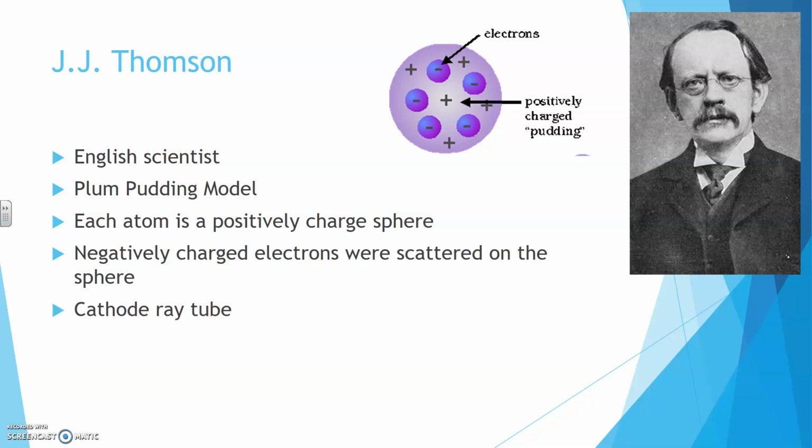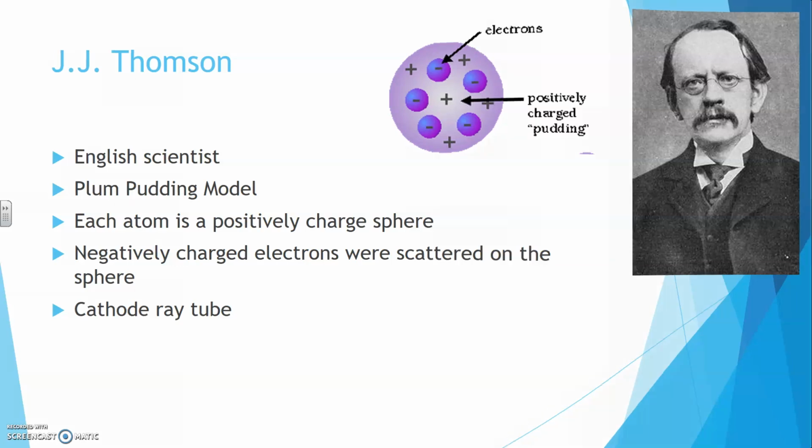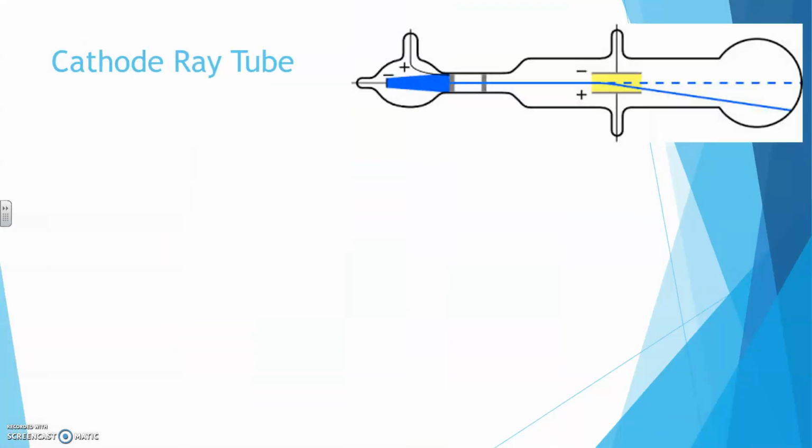Okay, he did his experiments with what's known as a cathode ray tube. I'm going to try to find a video for you about what this looks like. Okay, well, maybe I actually have one. So, a cathode ray tube is basically just a glass tube, and it's filled with gas, I believe it is, and then they shoot a laser through it.